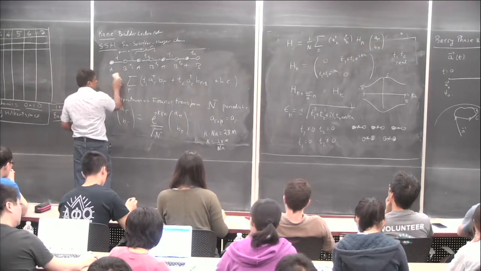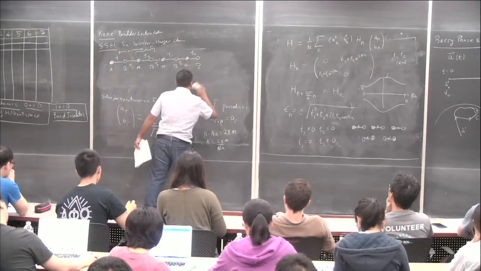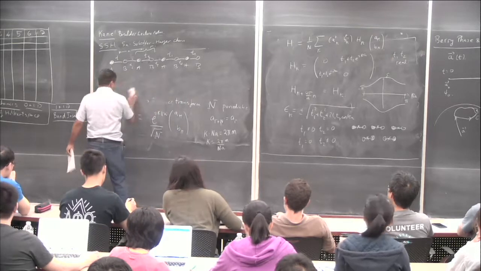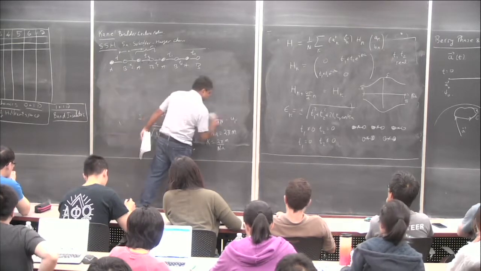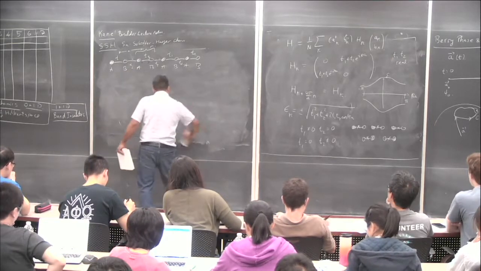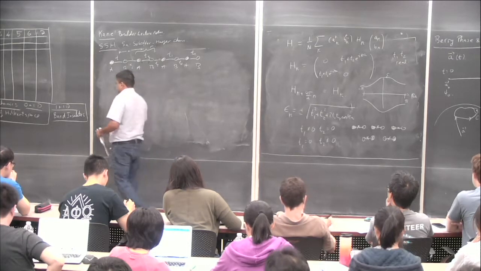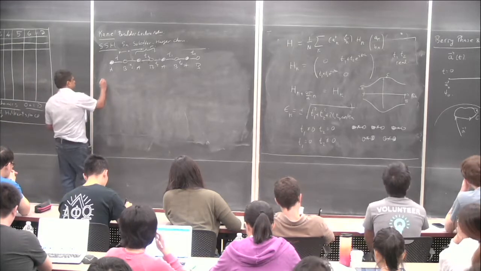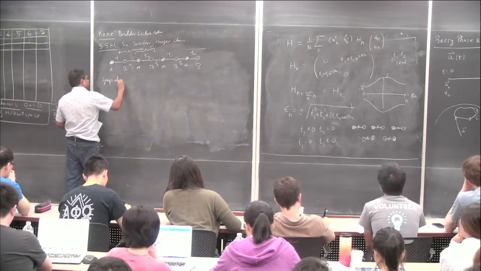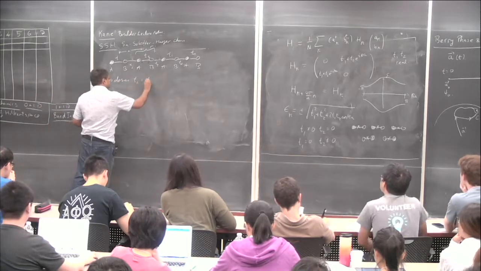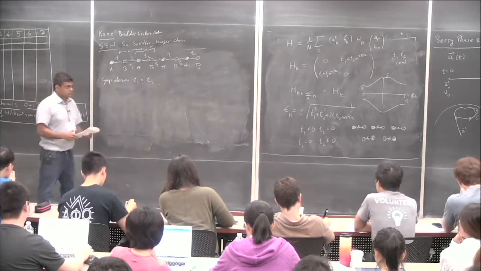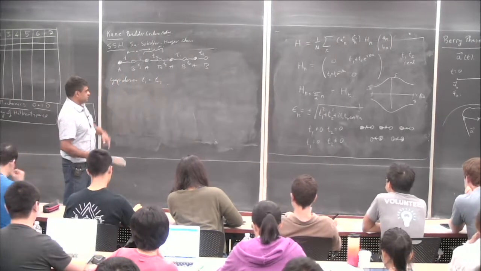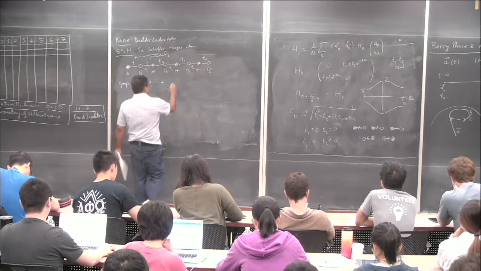Okay, so it's easy to show that if you were to monitor this gap, the place where it closes is when the two of them have the same magnitude. Okay, when T1 and T2 are the same. So you just look at that spectrum over there. Let's say T1 and T2 are the same.